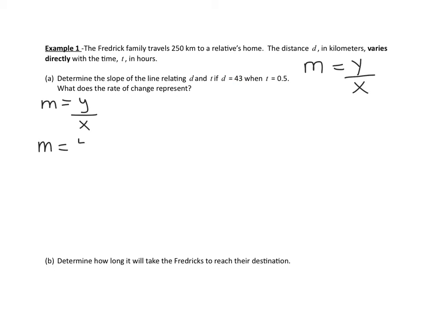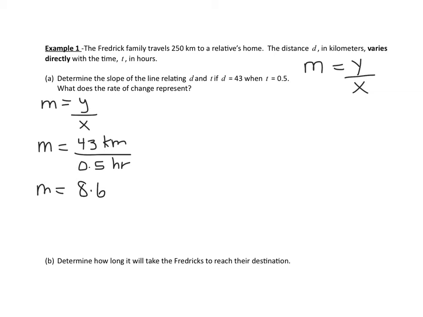So I'm going to write 43, and I'm going to include the units, which are going to be kilometers. All of that will be divided by our x value, which is our time value, and our time value was 0.5, and that was measured in hours. So now we can go ahead and calculate our slope, which should work out to be about 8.6.